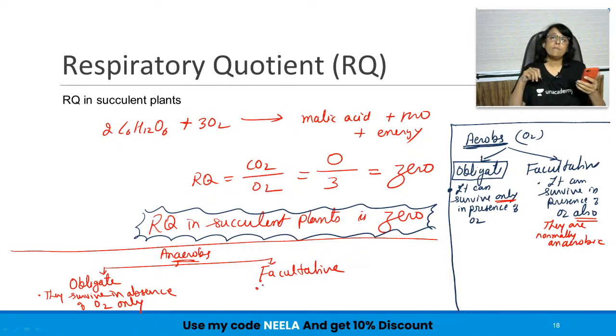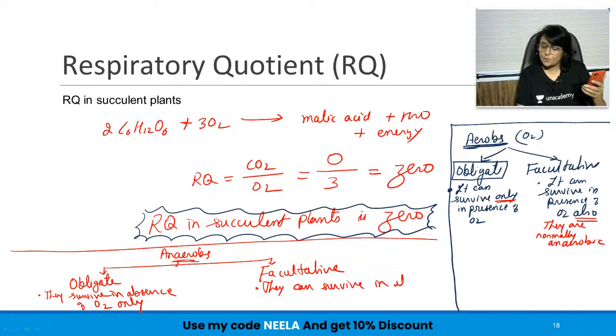And what will be facultative anaerobes? They can survive in absence of oxygen also. That means if oxygen is not there, still they can survive. So otherwise, how are they surviving?